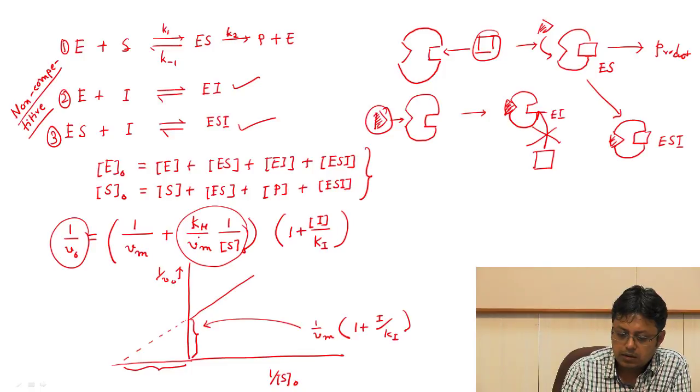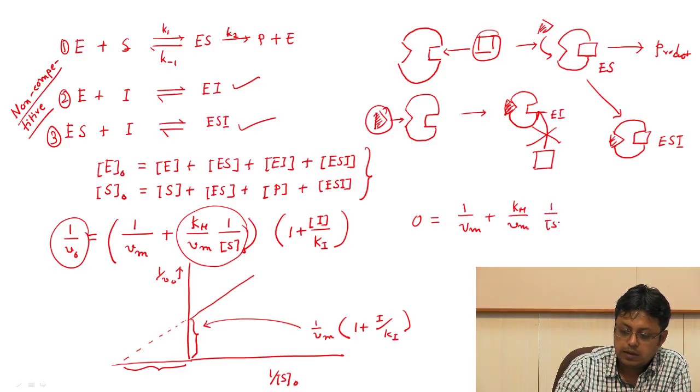So 0 is 1 over Vm plus Km by Vm into 1 over S0 into something, but that something also gets 0 because it's 0 on your left. So if I just arrange, this will be nothing but minus 1 over Km.